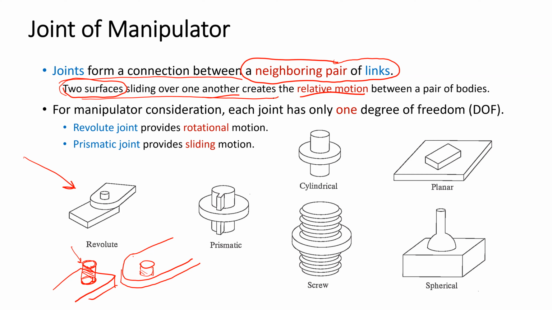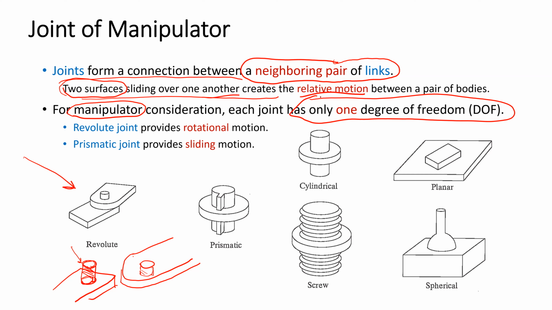In our class, for the robot manipulator joints that we consider, each joint will have only 1 degree of freedom. What does it mean?